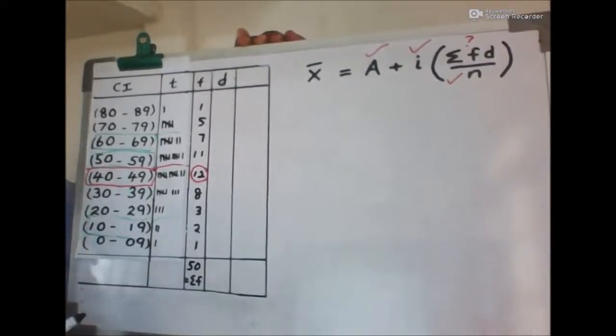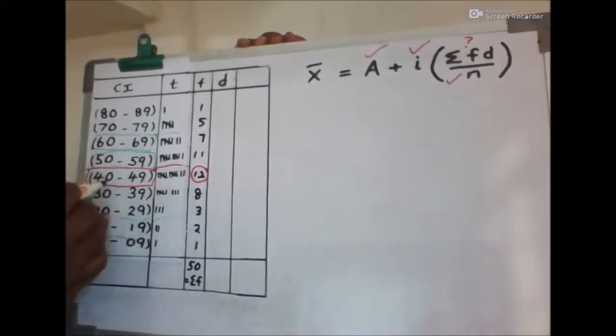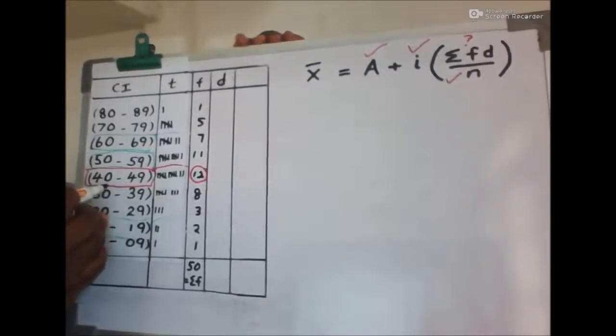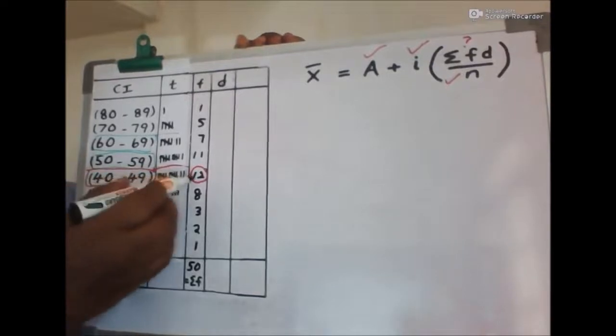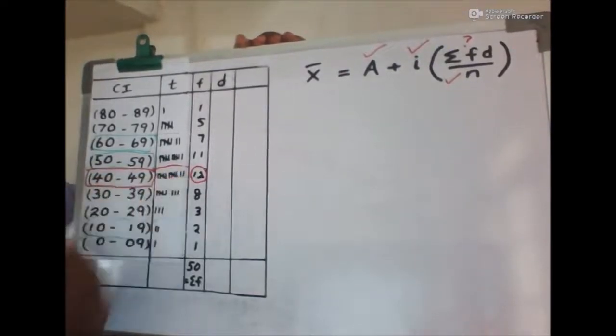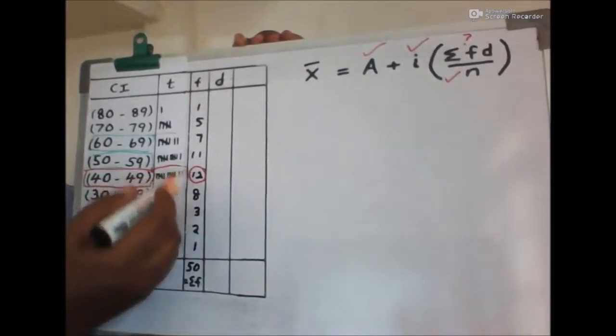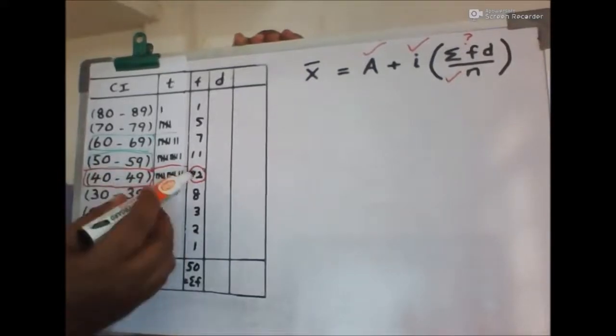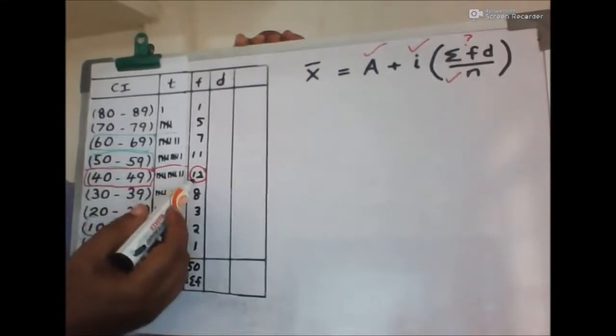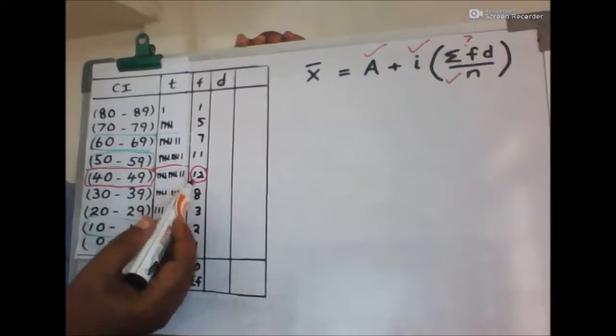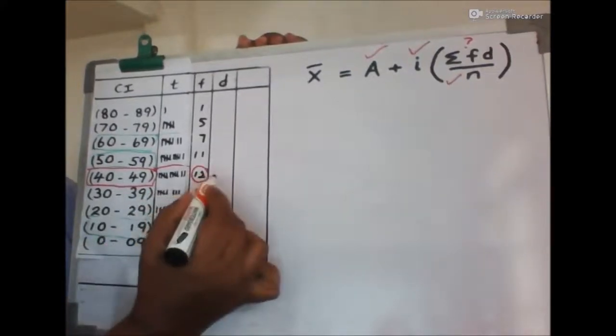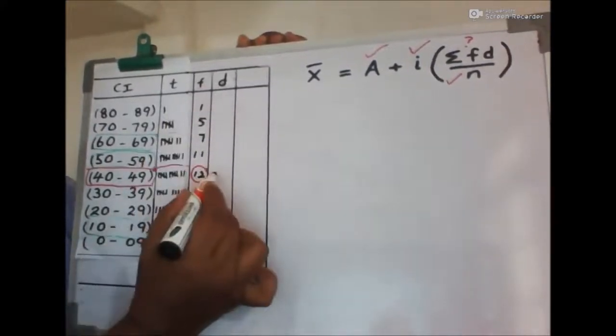What you have to do is, there's a class they mention, either the model class or any other class. In front of this class, you have to circle the relevant frequency. If it's a model class, the frequency is this one. Here it's 12. So in front of this 12, in the D column, put 0.